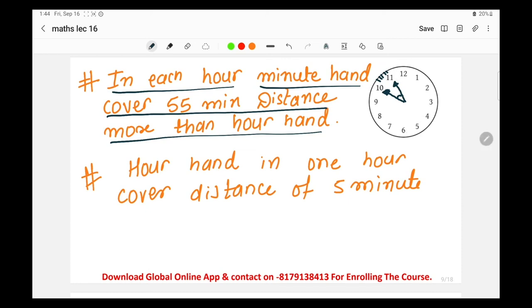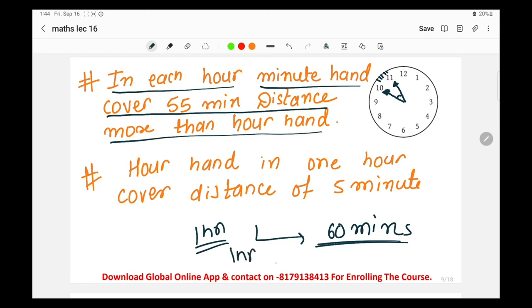It is covering 60 minutes, right? In 1 hour the minute hand covers 60 minutes, but the hour hand in 1 hour covers the distance of only 5 minutes.